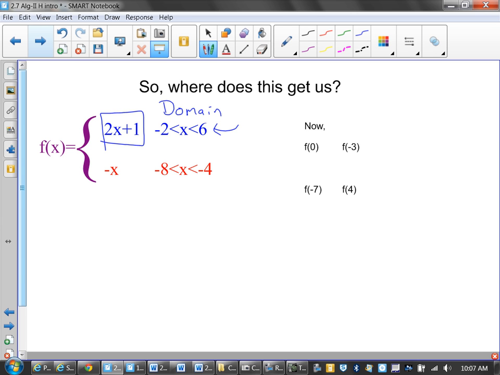And if the numbers work between -2 and 6, let's say they're between -8 and -4, that domain would be graphed with that.